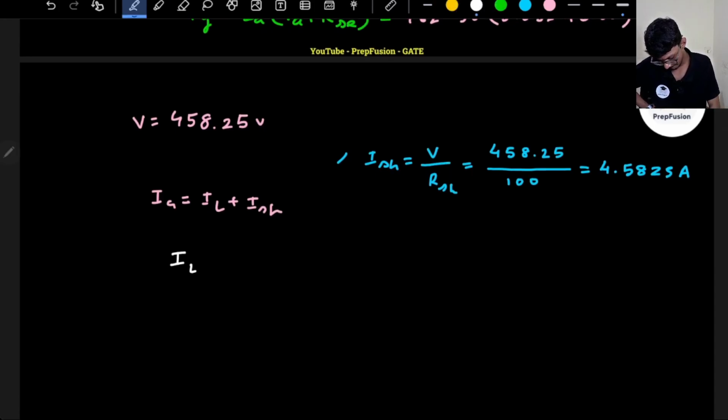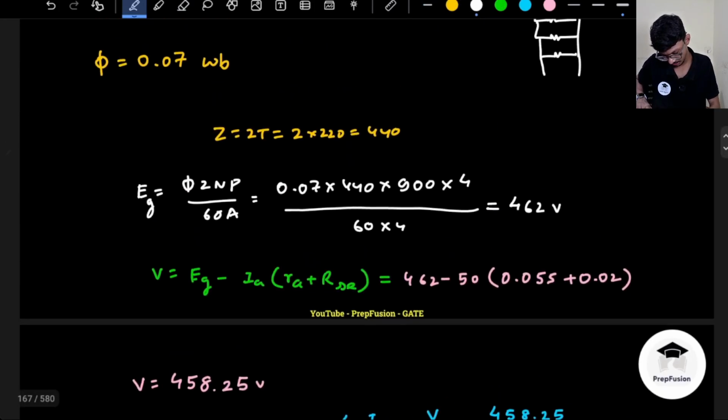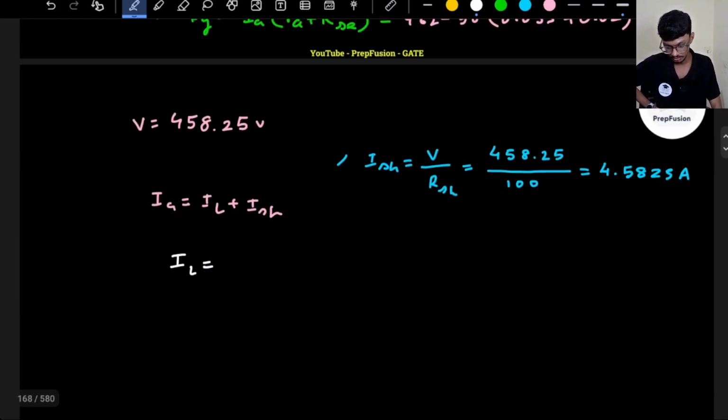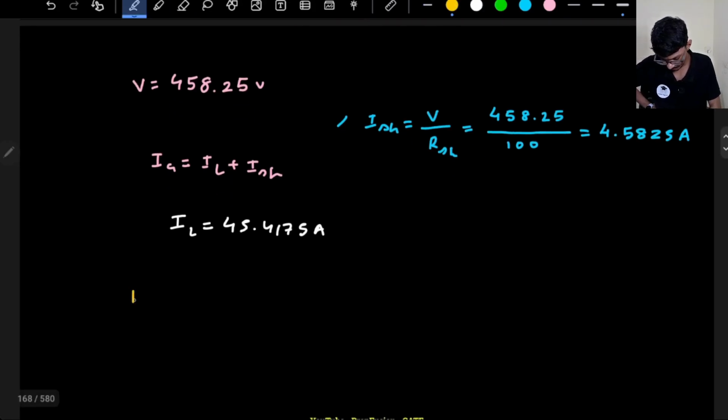From here I can directly calculate the load current. So the load current will be this plus armature current. Armature current is 50, so load current will be 45.4175 amperes. So basically my output power rating will be V into IL.